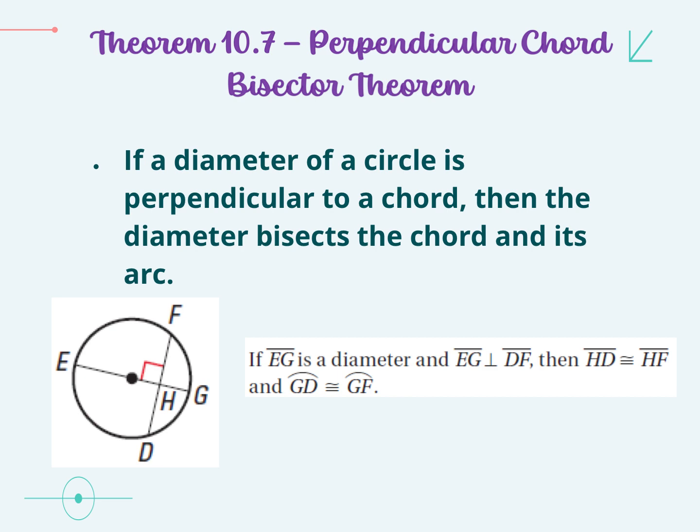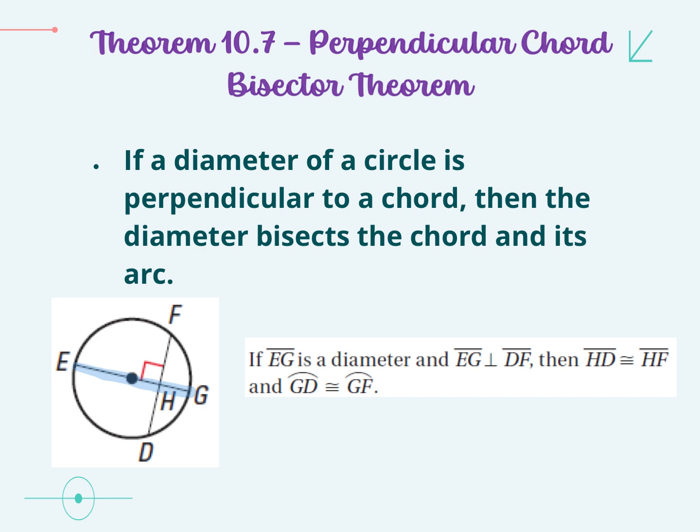And this one states that if a diameter of a circle is perpendicular to a chord, then the diameter bisects the chord and its arc. So here we can see that segment EG is the diameter. It's going from edge to edge and it's going through the center.